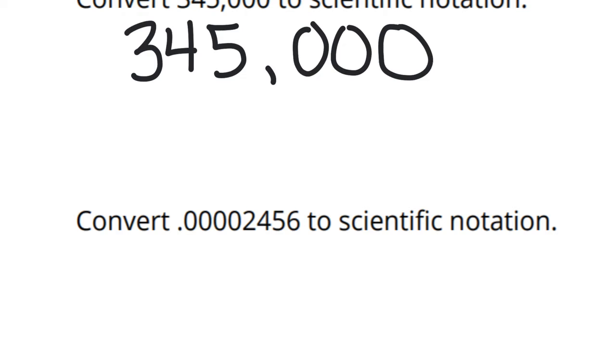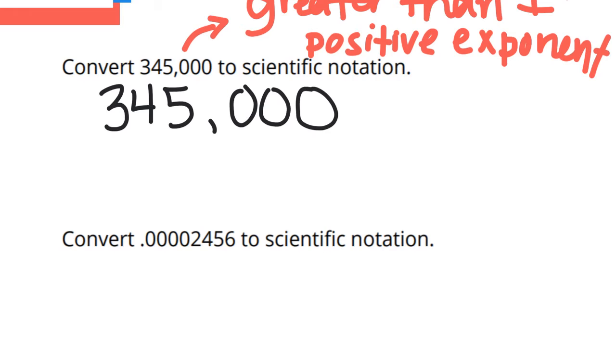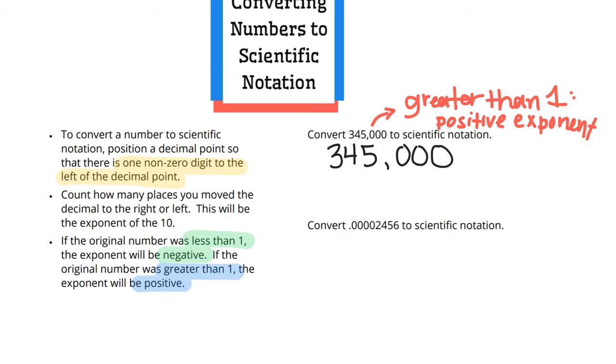Convert 345,000 to scientific notation. First, I notice that I have a number greater than 1. This means I will have a positive exponent. First, I'm going to write in my decimal point in the correct position. Next, I have to determine how many places I need to move my decimal point in order to have only one non-zero digit to the left of the decimal point.